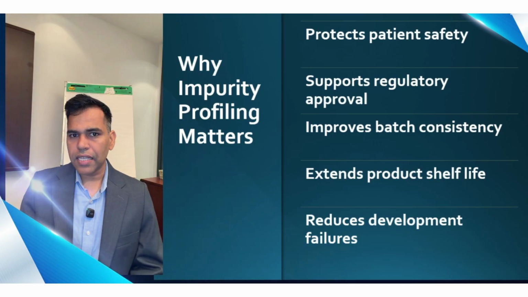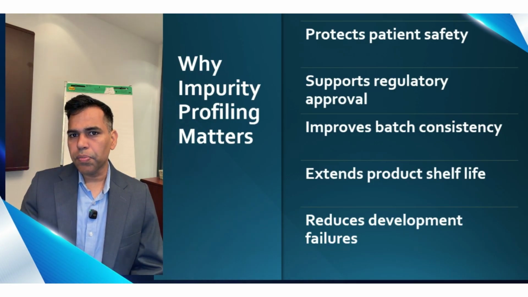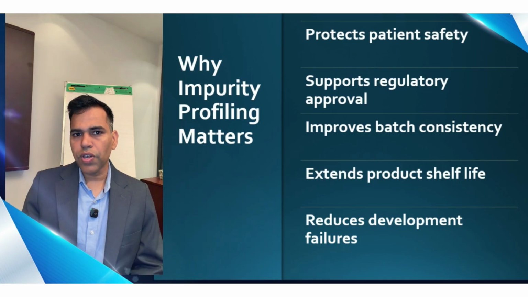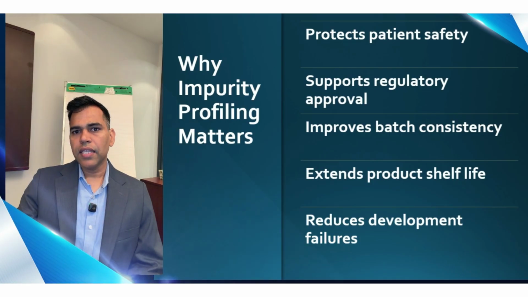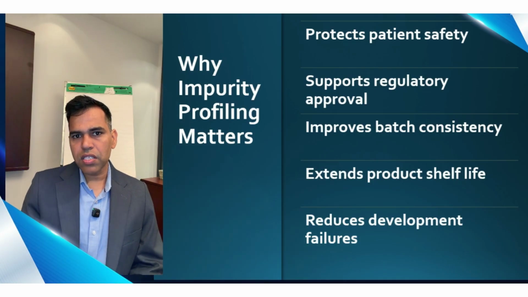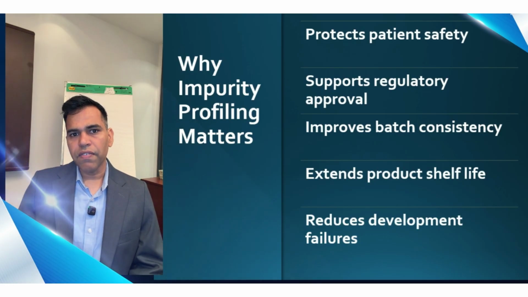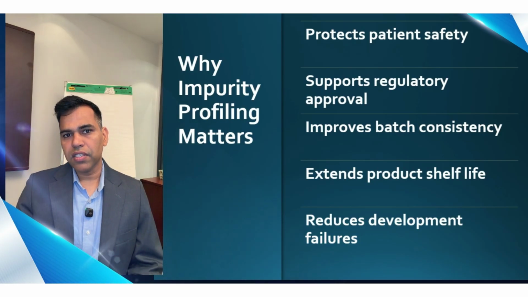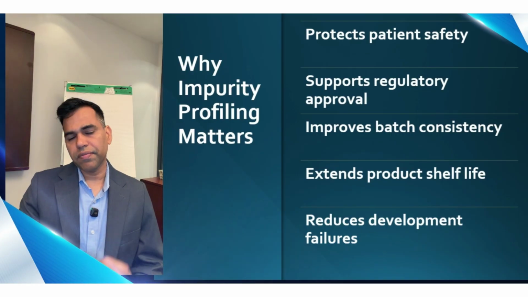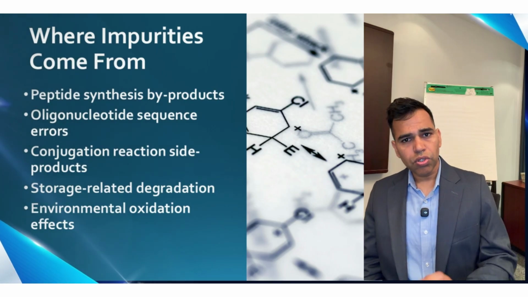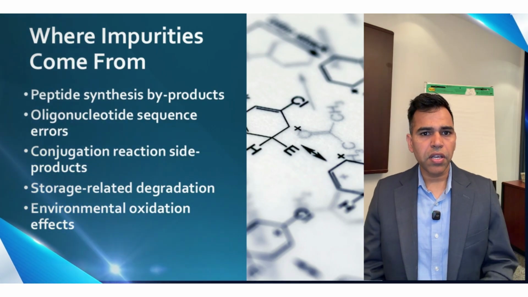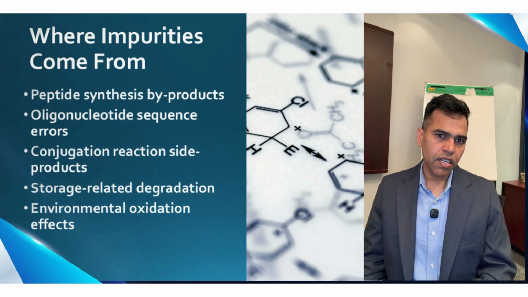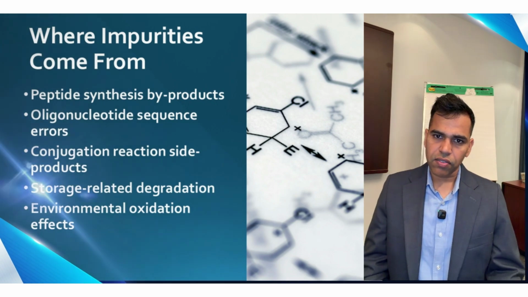Regulators do not extend goodwill on impurity profiles for novel conjugated molecules. They expect you to understand what you made, where the impurities originated, and why they are present at the levels they are. The source of an impurity determines how you find it and what risk it carries.